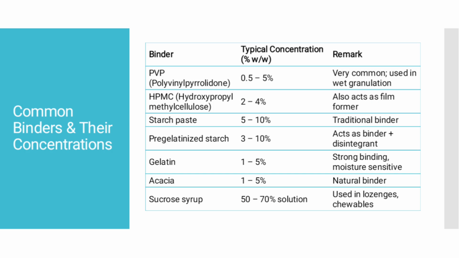Then acacia, a natural binder, is used at 1 to 5%, and then the last one, that is sucrose syrup, is generally used as a 50 to 70% solution, especially in lozenges and chewable tablets. From exam point of view, PVP and HPMC are most important.